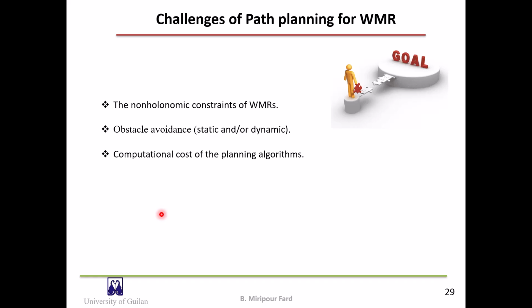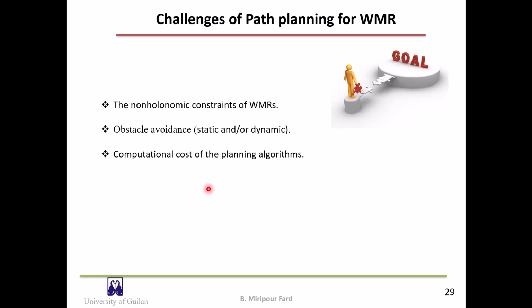Here are some of the difficulties of path planning for wheeled robots. As you have seen, the non-holonomic constraints of wheeled mobile robots impose difficulties for effective path planning. The presence of static or dynamic obstacles in the operating environments complicates the problem further.